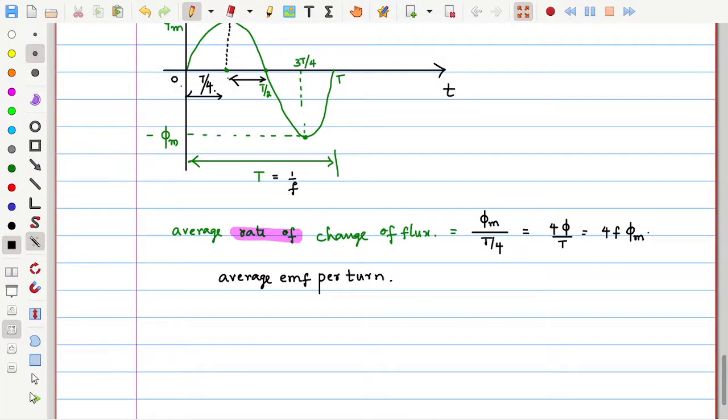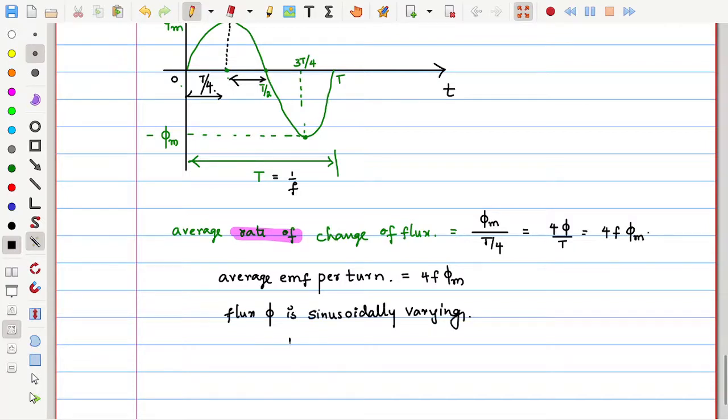So the average rate of change of flux is the average EMF per turn, which is equal to 4f phi m. Now we know that the flux phi is sinusoidally varying. For sinusoidal nature, we already discussed some important points while discussing the RMS value and average value.